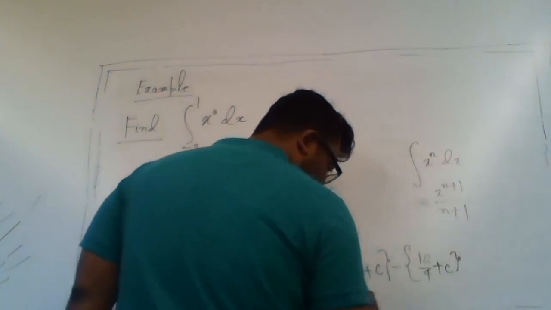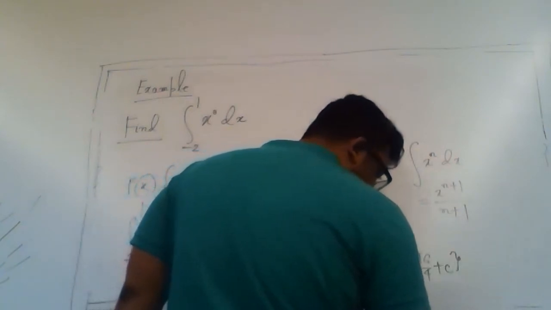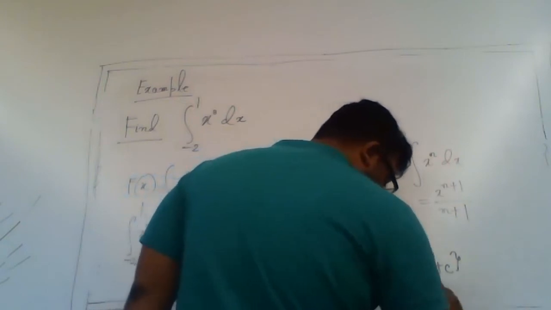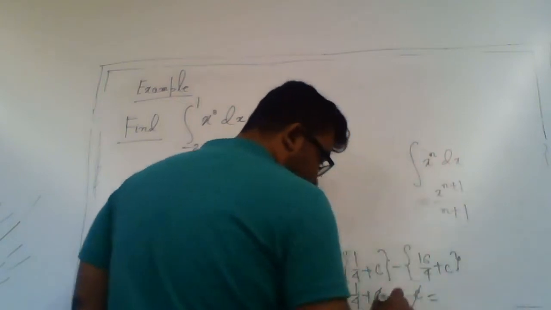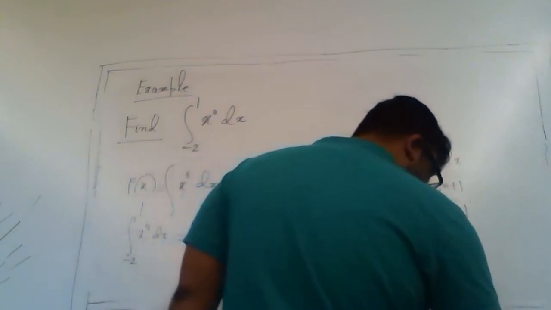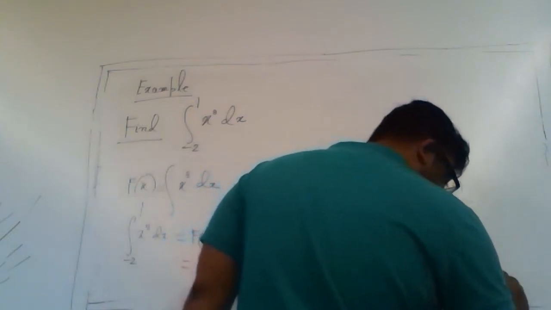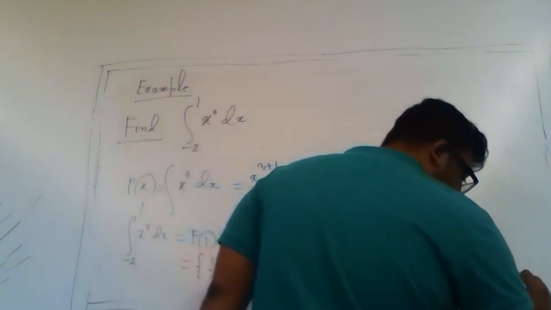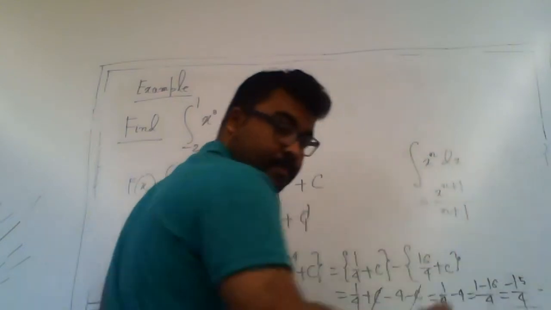So you get 1/4 plus c minus 4 minus c. C cancels out. You get 1 by 4 minus 4, which is 1 minus 16 by 4, that is minus 15 by 4.